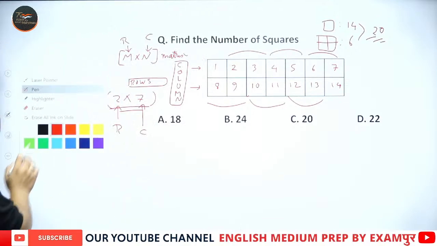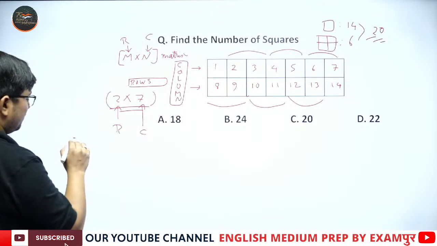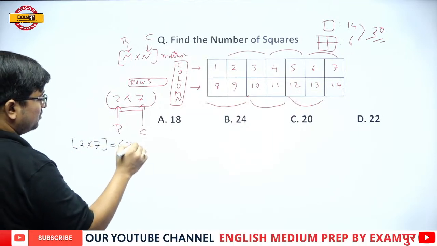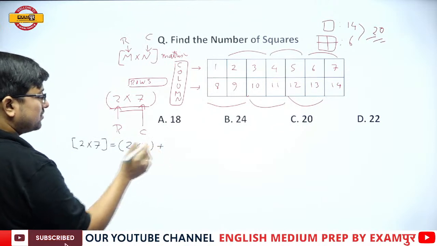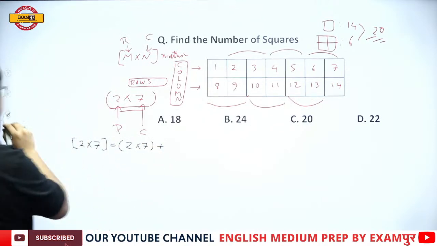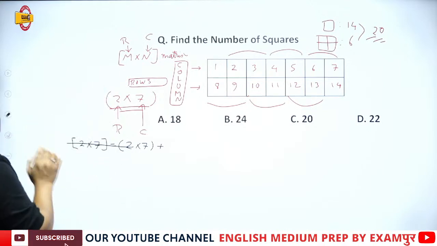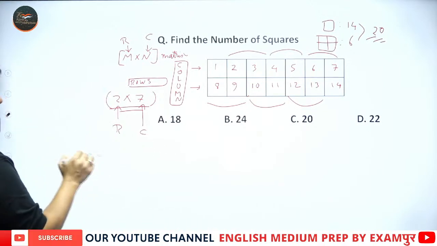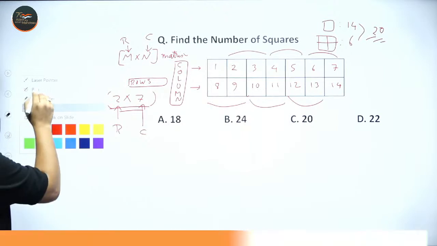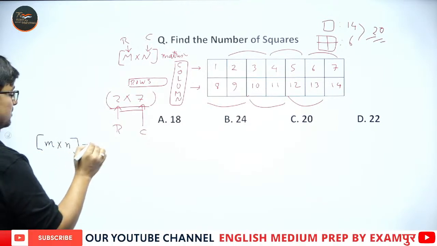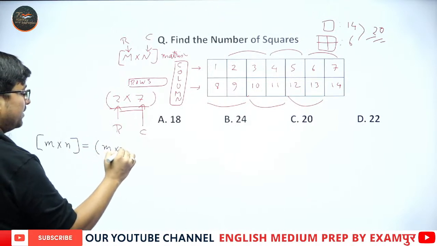Next, my dear students, if I talk about a 2 cross 7 matrix, how do we find the number of squares? Whenever you come across an m cross n matrix, first of all multiply m by n.